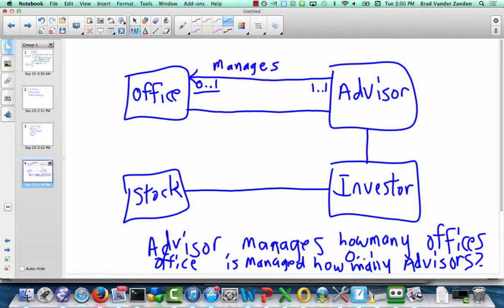So, as pointed out, in the second sentence of A, each office has a number of investment advisors. That actually did suggest that there is a relationship of, we'll say, office. I'm going to say, what I use, I'll say has.